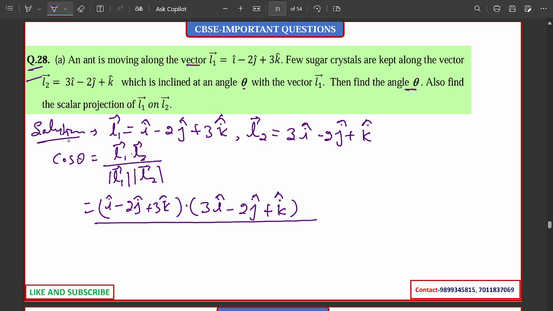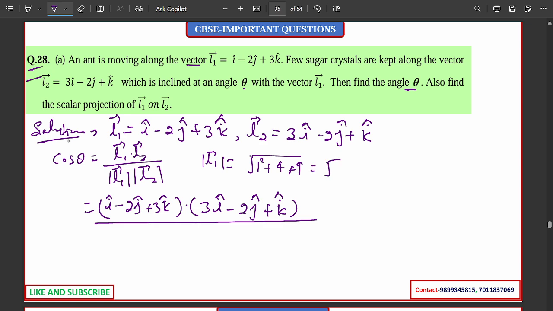And now we should find the magnitude of both vectors. The magnitude of L1 vector will become: coefficient of i is 1, so 1 square, plus minus 2 square, which is 4, and 3 square, which is 9.